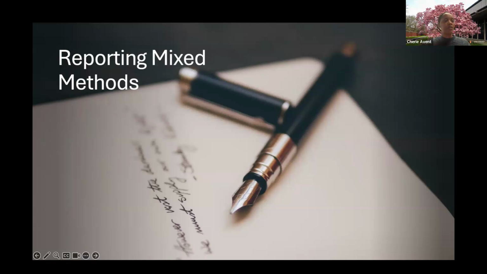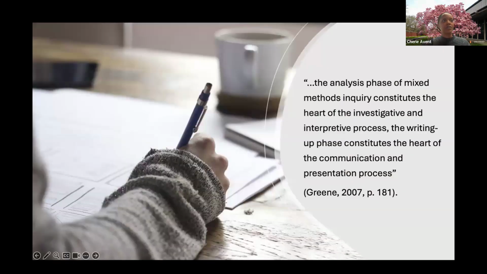And so I really like this quote from Dr. Jennifer Green, who says, "The analysis phase of mixed methods inquiry constitutes the heart of the investigative and interpretive process. The writing up phase constitutes the heart of the communication and presentation."